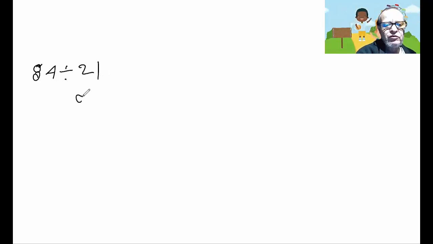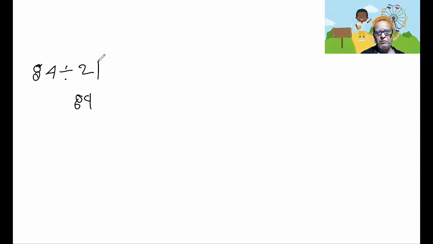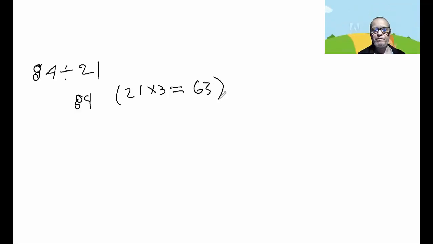So what I do is I have 84 and I look at 21. So I'm going to do some kind of multiplication with 21. So in this case, I'm going to take 21 and I'm going to multiply it by 3, and I'm going to get 63. And that's okay, so long as it's less than 84.